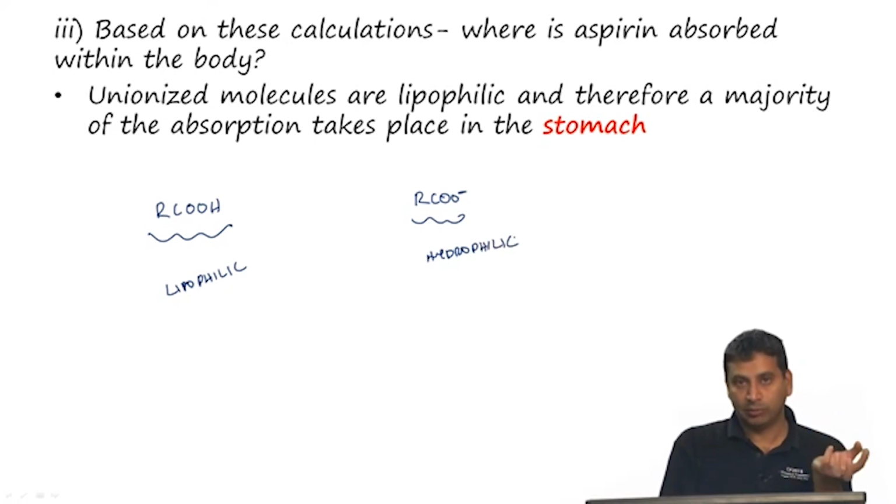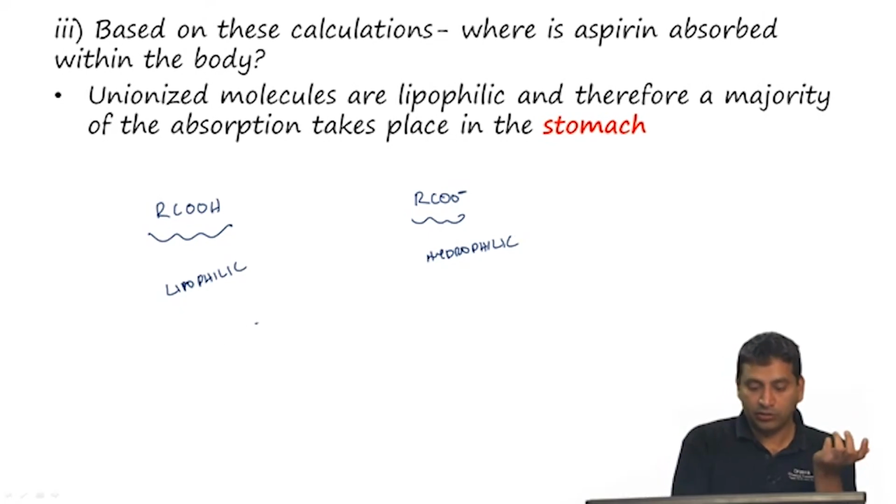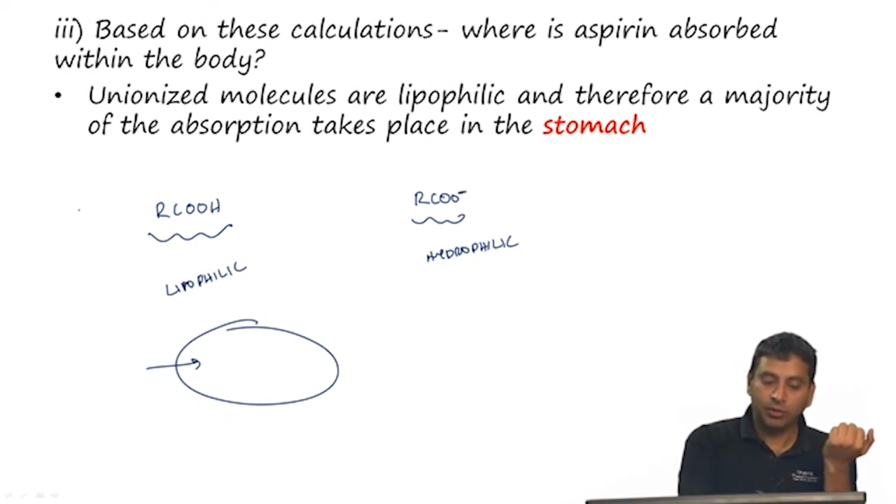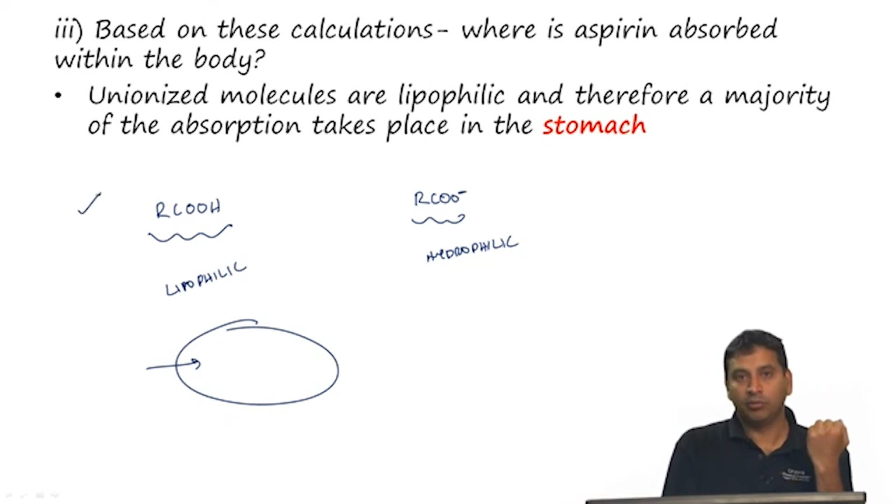What you would expect is that a more lipophilic molecule would get across the cell membrane better, so this molecule should be present in predominantly higher amounts. So, what we would predict is that since the majority of the molecule is in the unionized form in the stomach, a large amount of this molecule will be absorbed in the stomach and not in the intestine.